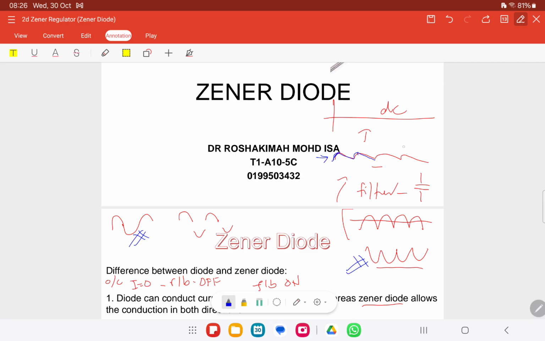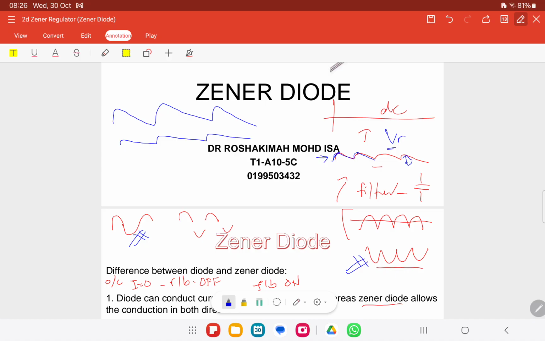From here we have variations of voltage. It is called VR, voltage ripple. And from the voltage ripple, we have the ripple factor. For example, we have one like this, and the lower one is like this. Which one do you think is the best?